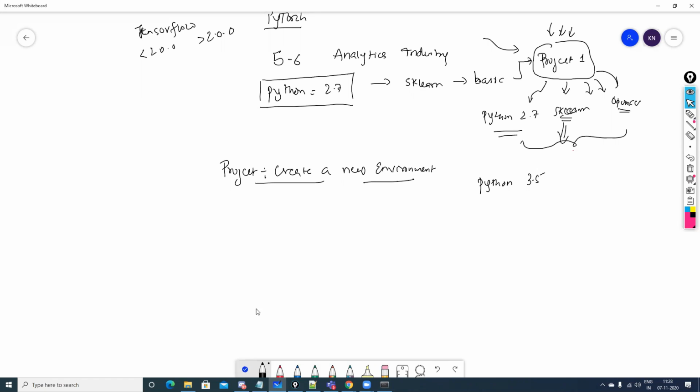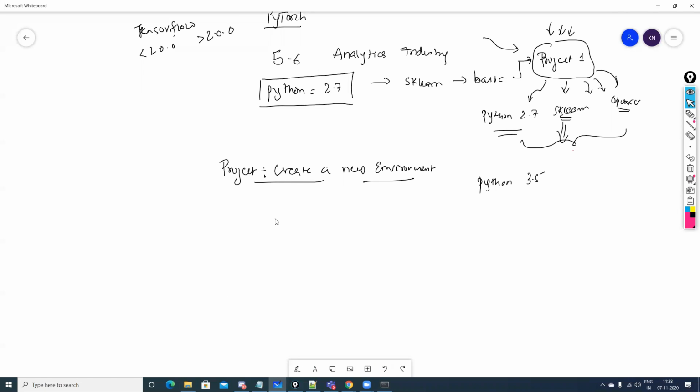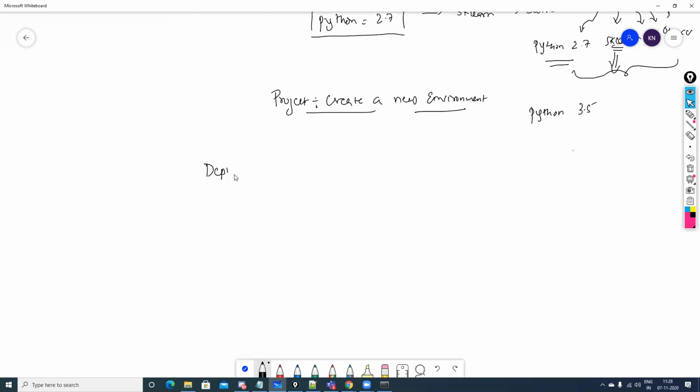Now, usually when you are working in industry and when you are deploying your projects, you first of all have to create an environment in the server. Okay, now what is this environment in the server?